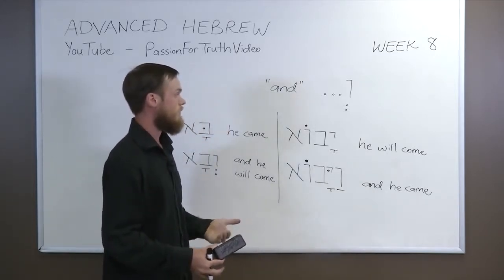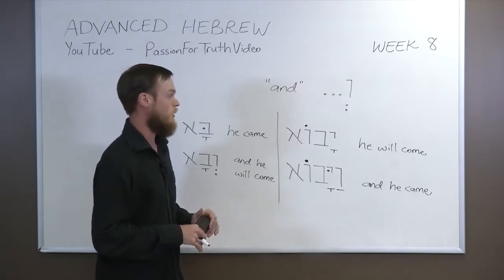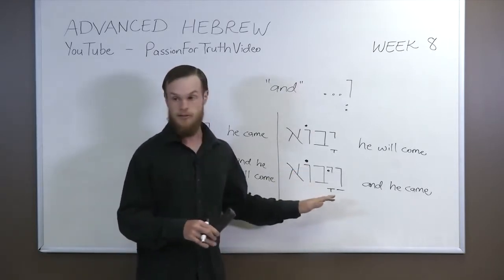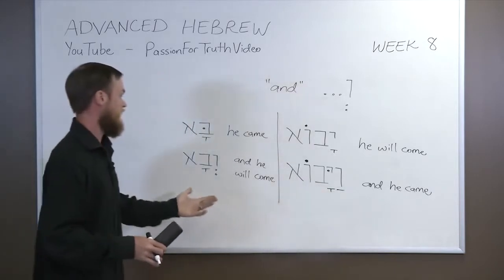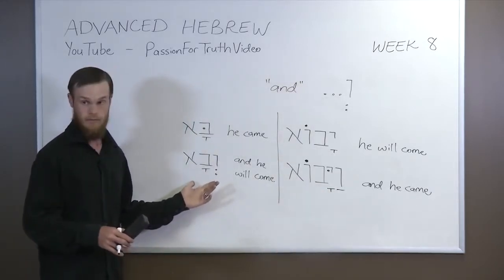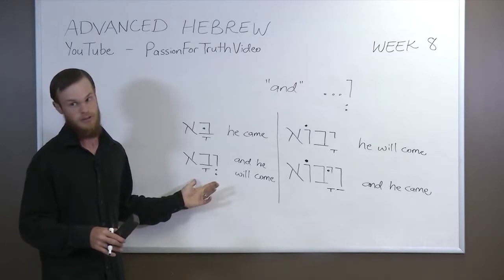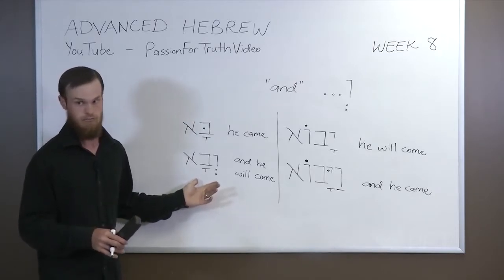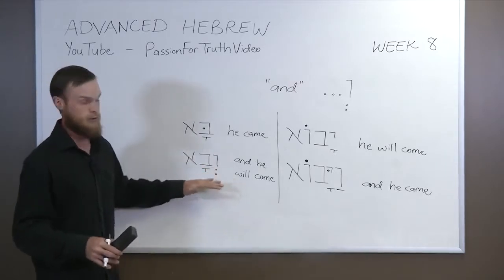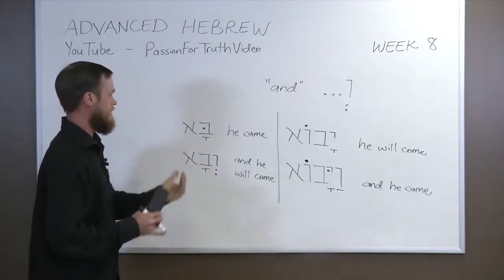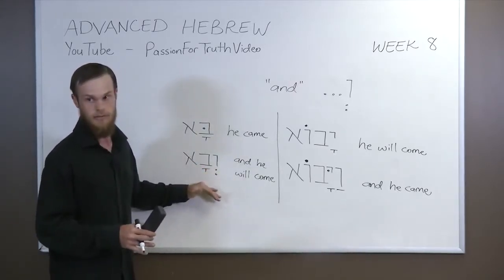And now, in the case that we're already talking about the past tense, when we encounter something like this, it stays in the past. It's not going to flip it over. All right, so if this begins the narrative, or if it's in the middle somewhere, it's going to stay past tense.